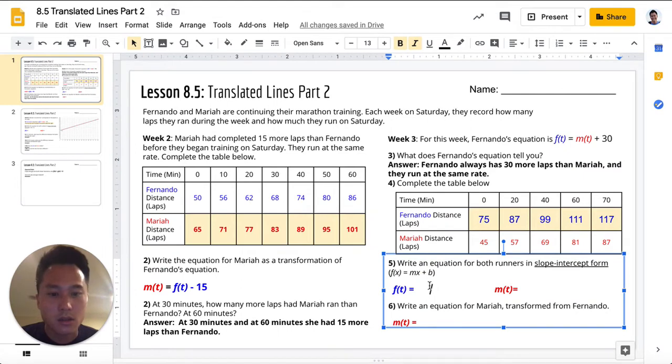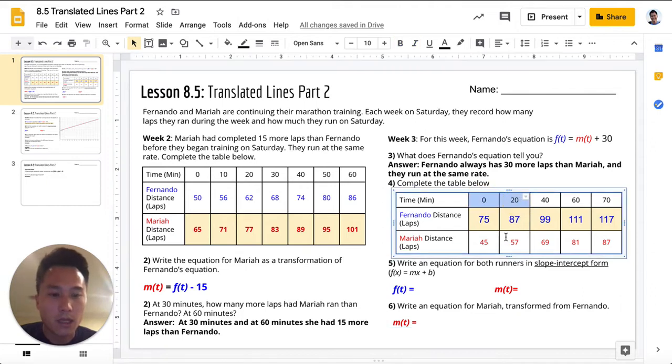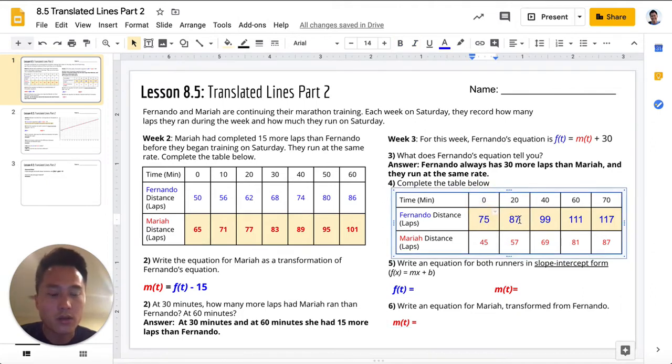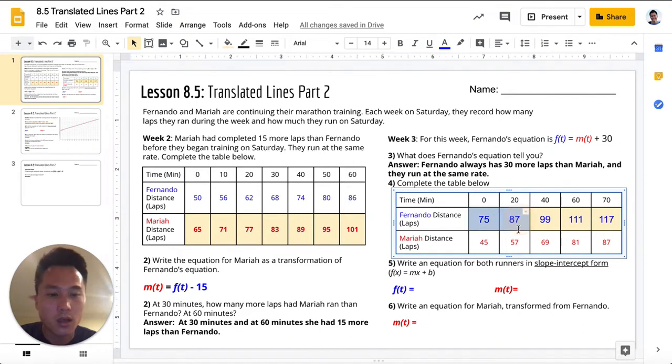So let's write an equation for both runners in slope-intercept form. Remember, slope-intercept form is y equals mx plus b, or f of x equals mx plus b, where m is the slope, the rate, and b is the y-intercept, how much they start with. So for Fernando, to figure out the slope, I know that every 20 minutes he runs this difference.